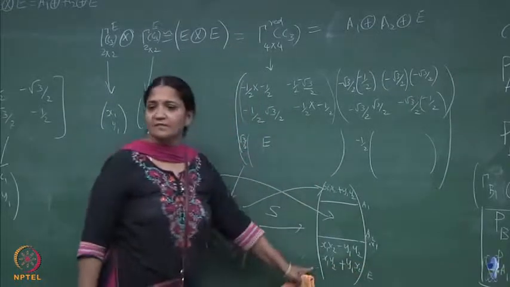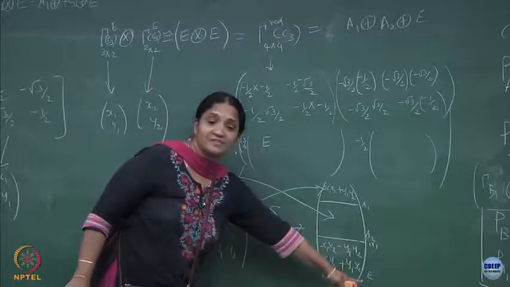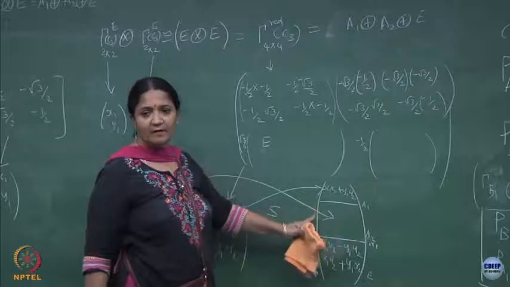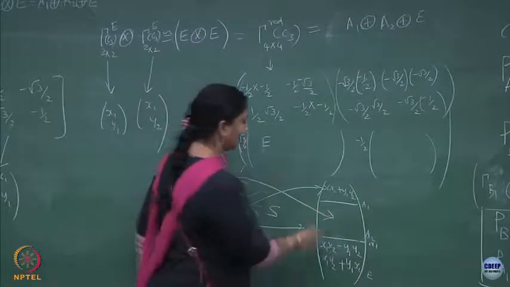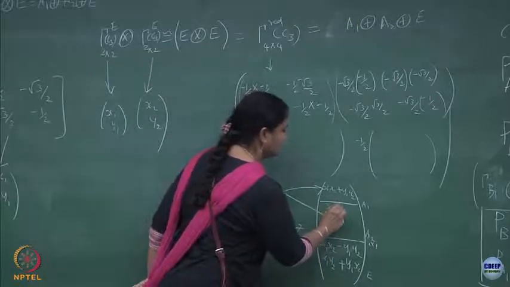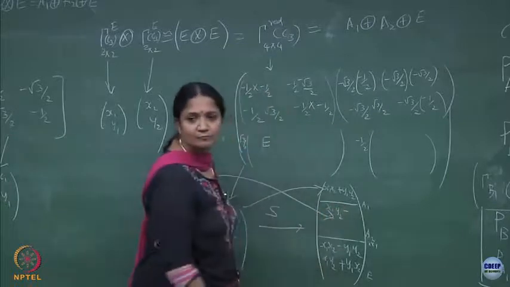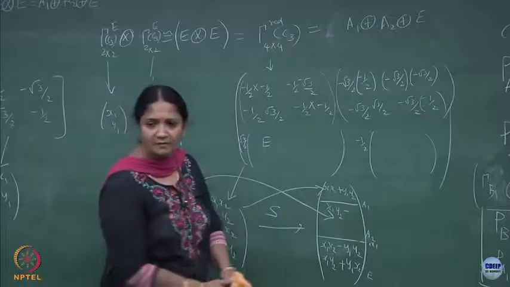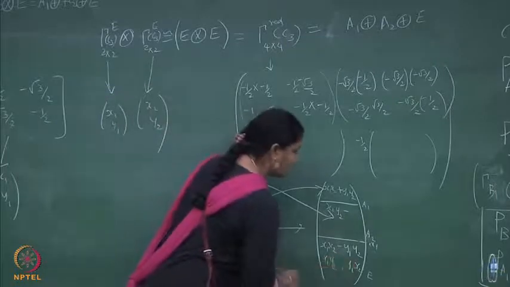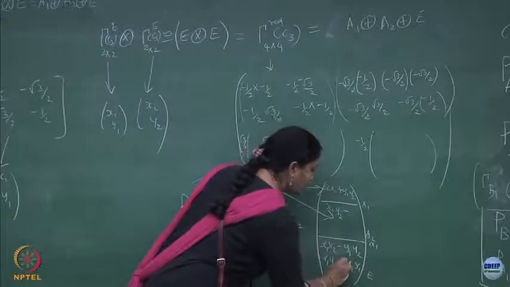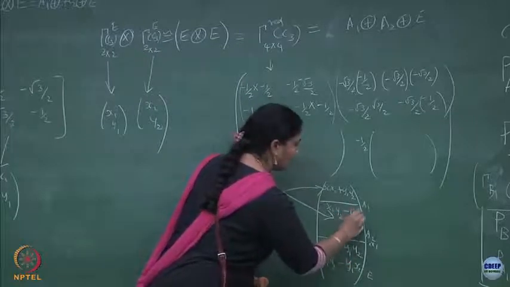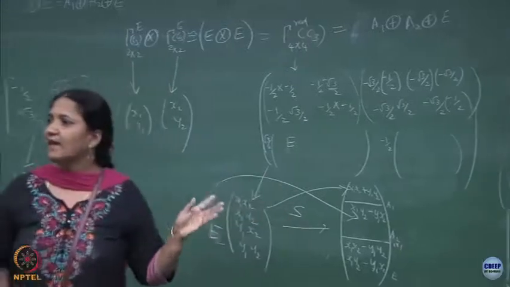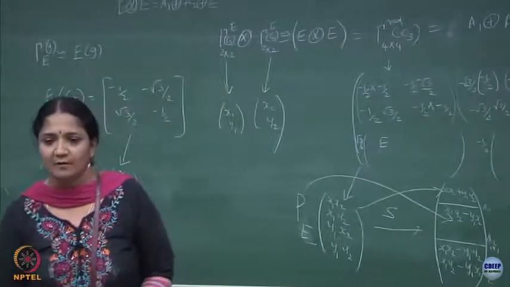This is the basis for the E projection, and for the A1 anyway I have written, and for A2 it will be, mistake I did, this is minus. I have used I1, I2, but it is the same as the I component and the J component.